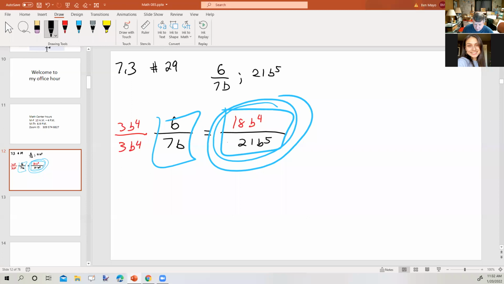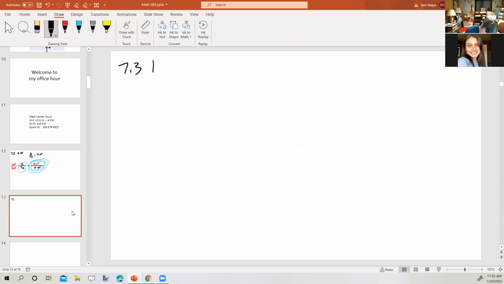Let's see here, hang on, move that over here. So 7.3, number 32, build the following rational expression into an equivalent expression with a given denominator. All right, and we've got x plus 7 over 3x minus 15.